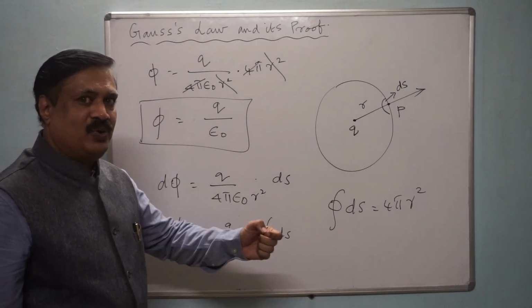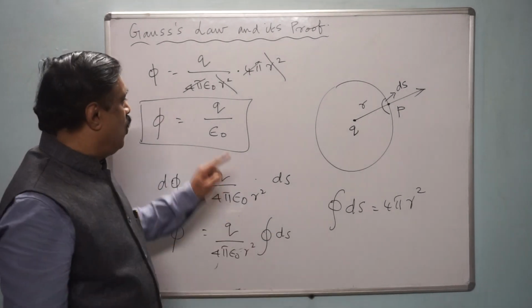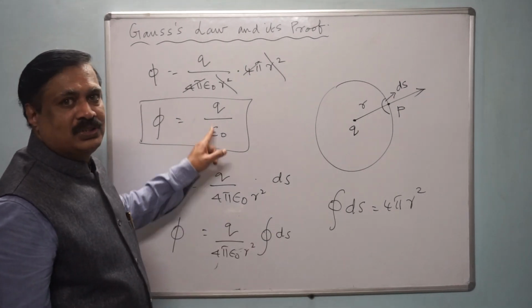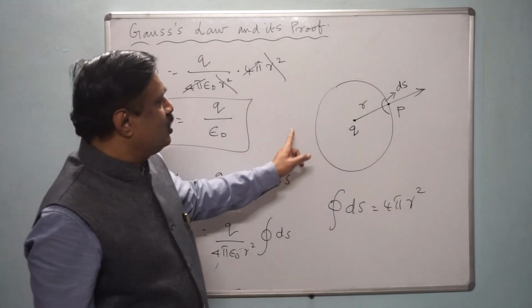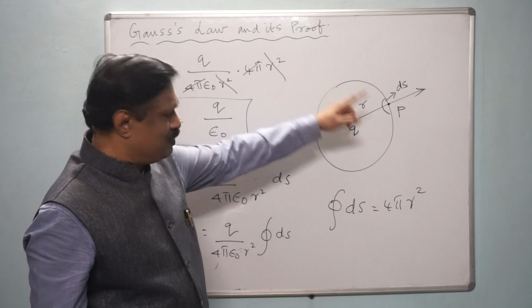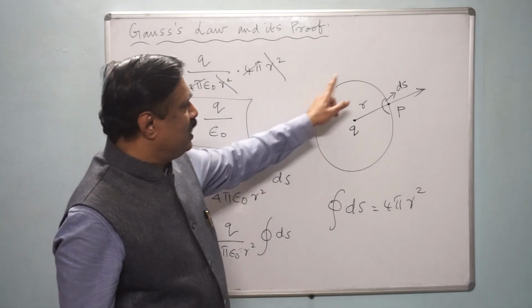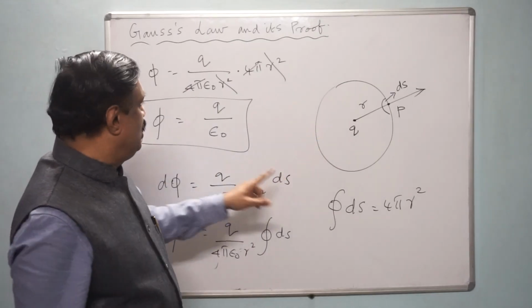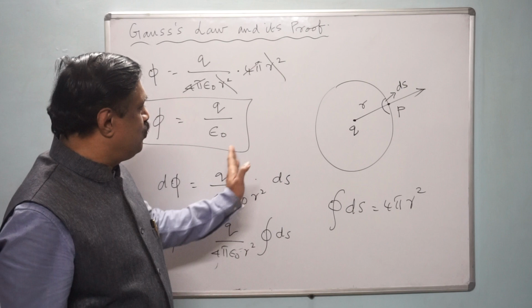Gauss law states that electric flux is 1 by epsilon times the charge enclosed in this closed area. Now the closed area is the sphere and the charge enclosed is q. Therefore, the electric flux of this closed area is q by epsilon 0. This is the proof for Gauss law.